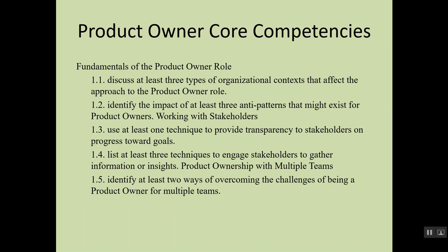If the product ownership is with multiple teams, how can we engage stakeholders so that everyone gets the requirements in the correct way? And the last one is how we can overcome the challenges of being an owner for multiple teams. Those are the product owner core competencies.